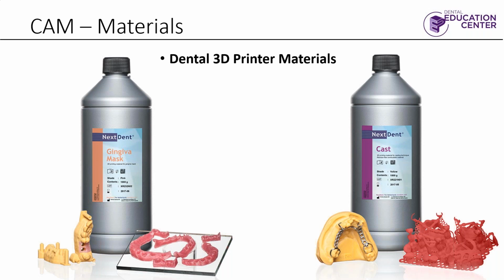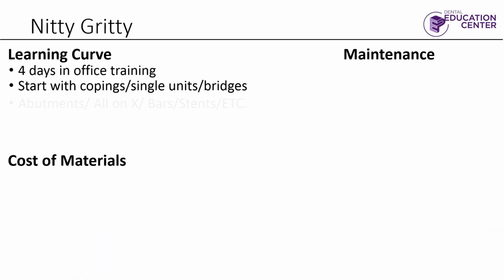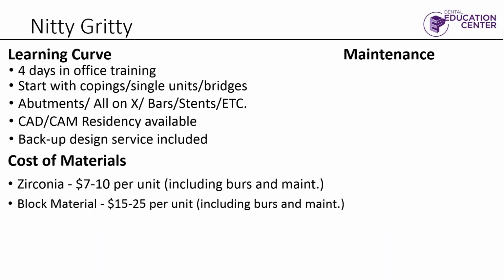So when you control the emergence profile when designing, you can also define the tissue pressure depending on the material you're using. So that's interesting. Castable material, again, I like millable, not castable materials, but it is available for casting. And then here's the nitty gritty, just to wrap things up.